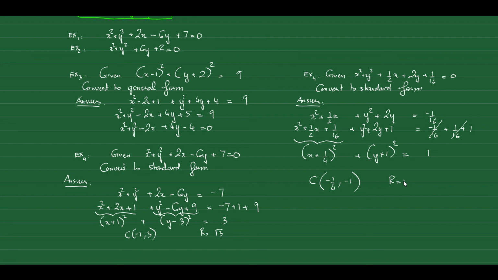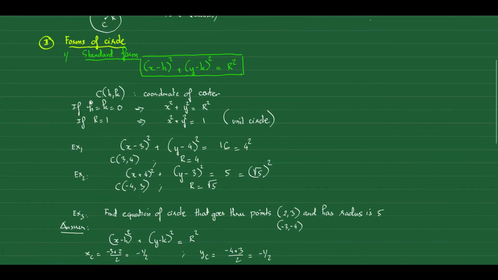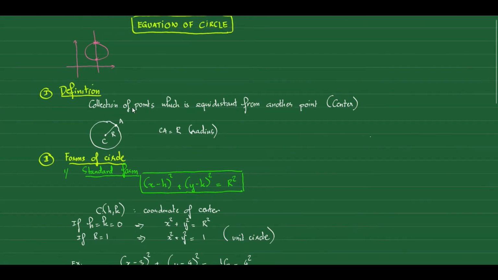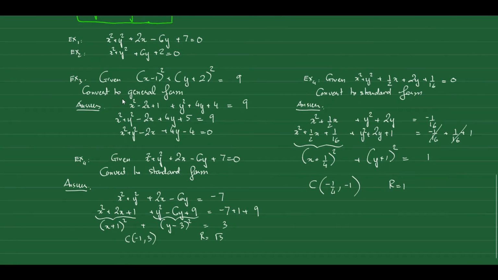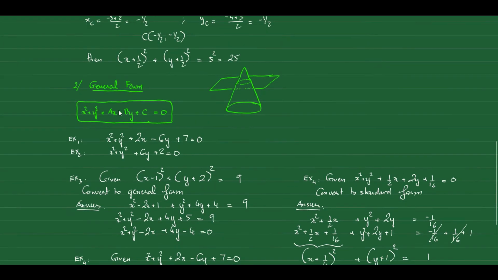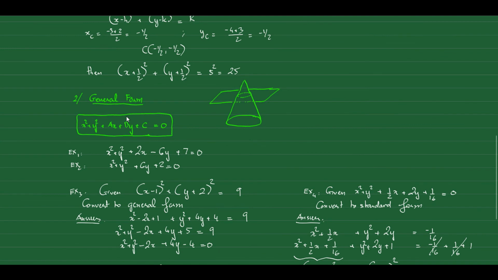Good. So basically that's all about the equation of the circle. You see that it's kind of similar to what we learned in college algebra. If you never learned this in college algebra, here you go, this is a new chance for you to learn. If you already learned it in college algebra, I have to admit that it's a part of the curriculum in college algebra.